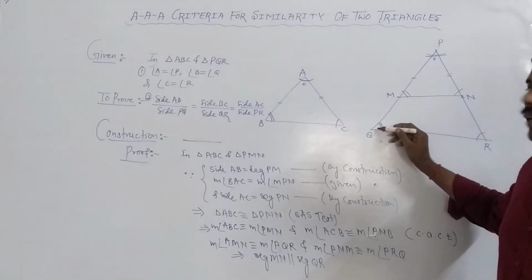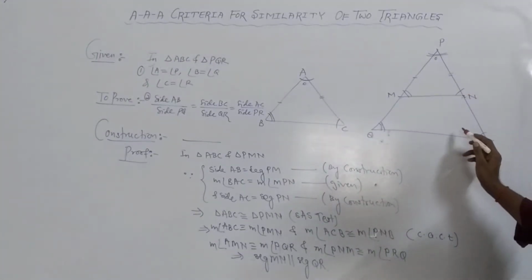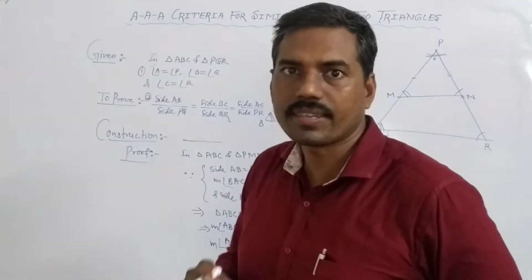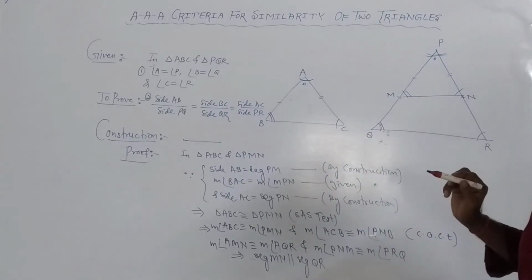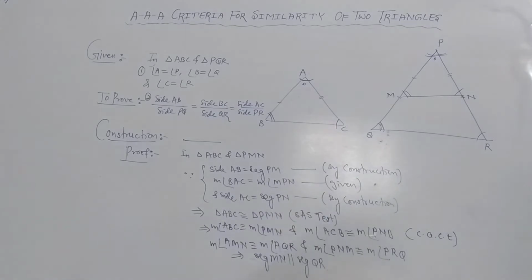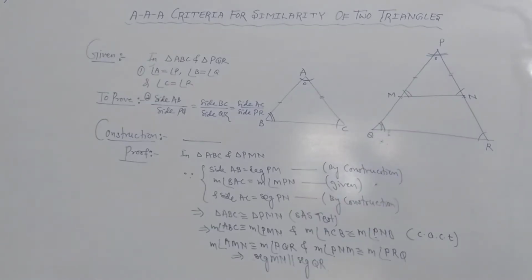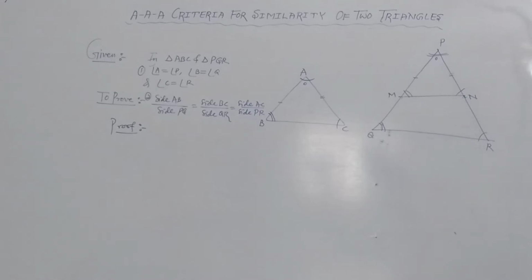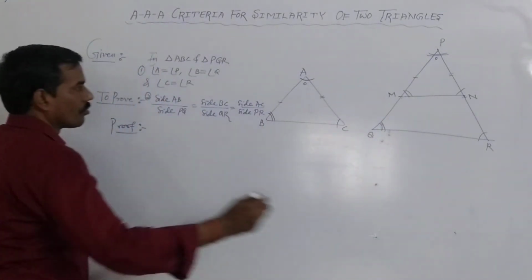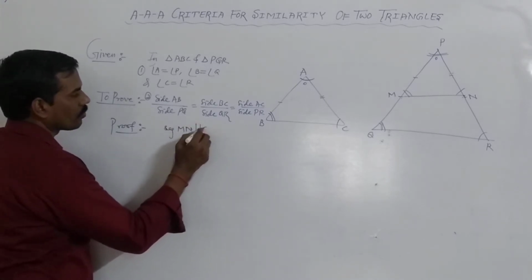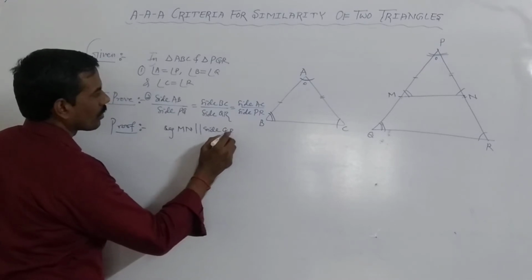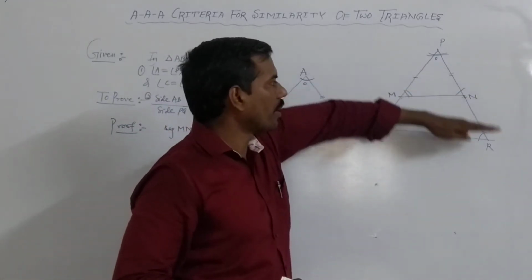Since angle M is equal to angle Q and angle N is equal to angle R, by the converse of the corresponding angle test, MN is parallel to QR. Okay, we have proved that segment MN is parallel to side QR.